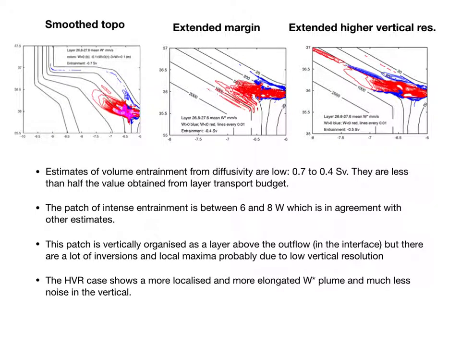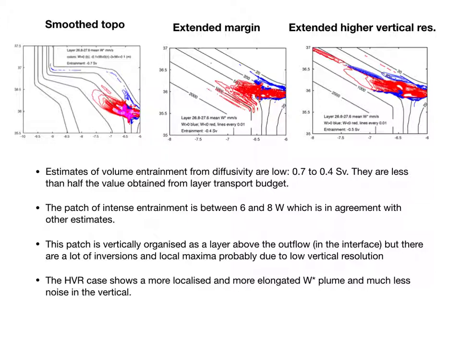Okay, if we look at the estimates of the entrainment among the different experiments, we don't have so many differences. I think the differences are more in detail. The amount is approximately the same, around 0.4 to 0.7.